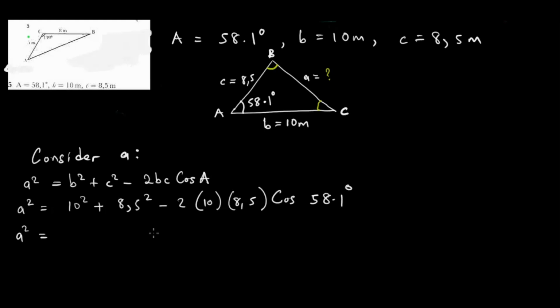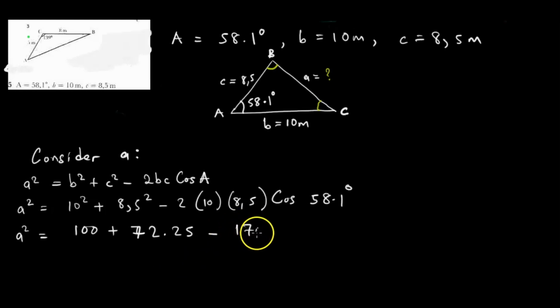So what is going to be 8.5 squared? 8.5 squared is 72.25. So here it's 100 plus 72.25 subtracting 2 times 10 is 20. So we need to find 20 times 8.5. What answer do we get there? 170.